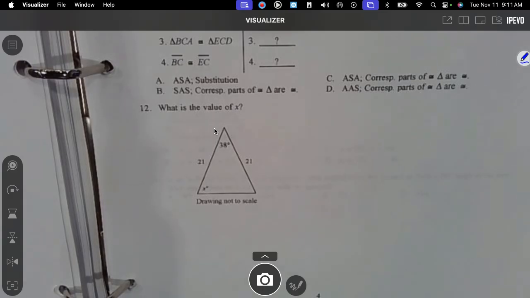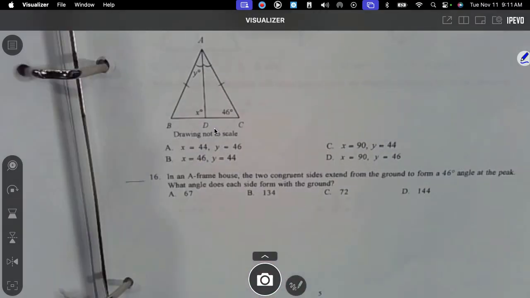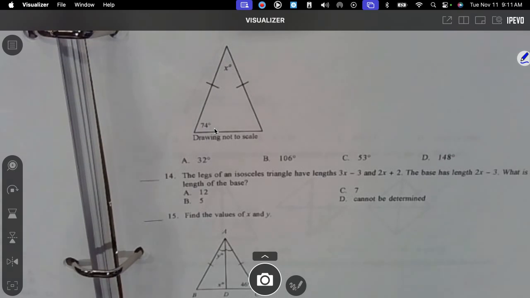Let's see what's next. Oh, this is similar. Number 13. Move that up. This time you know 74. We're looking for this top angle. Well, if this is 74, what's this one? 74. This time I know two of the angles. So what do I do?